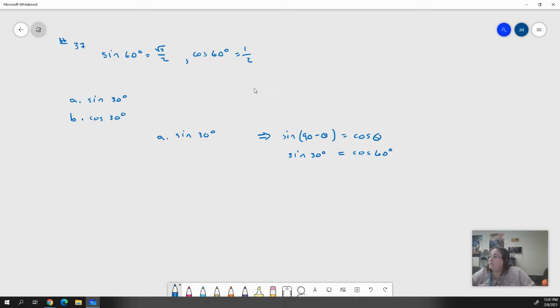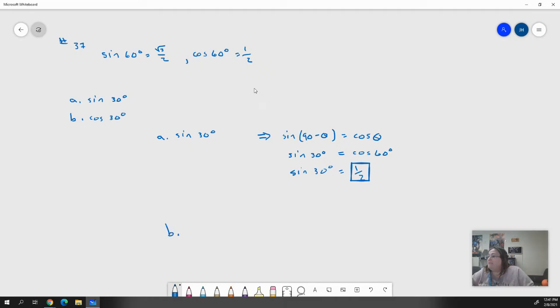So sine of 30 equals cosine of 60. Well, we know what the cosine of 60 is. It's given to us. So the sine of 30 degrees equals 1/2. And that's our A.